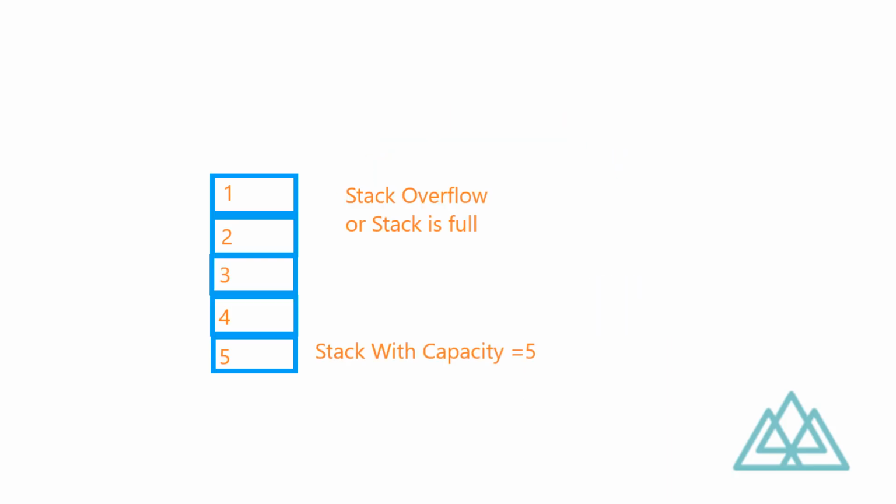If the stack is full and doesn't contain enough space to accept any extra entity to be pushed, the stack is then considered to be in an overflow state, or stack overflow condition. The pop operation removes an item from the top of the stack.